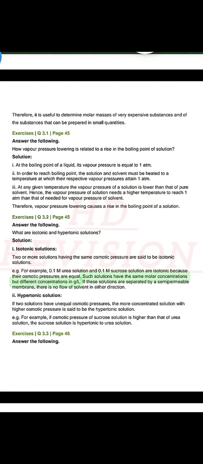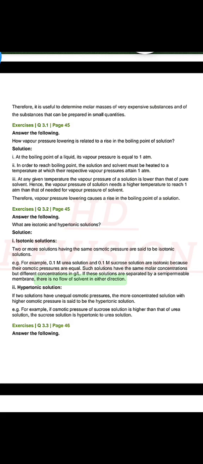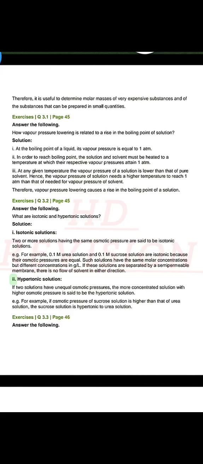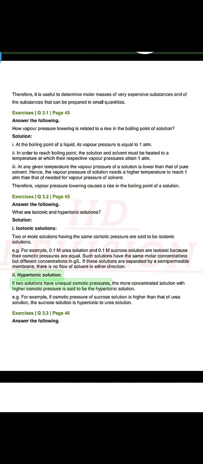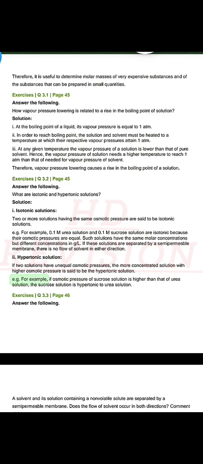Such solutions have the same molar concentrations but different concentrations in g/L. If these solutions are separated by a semipermeable membrane, there is no flow of solvent in either direction. Hypertonic solution: If two solutions have unequal osmotic pressures, the more concentrated solution with higher osmotic pressure is said to be the hypertonic solution.